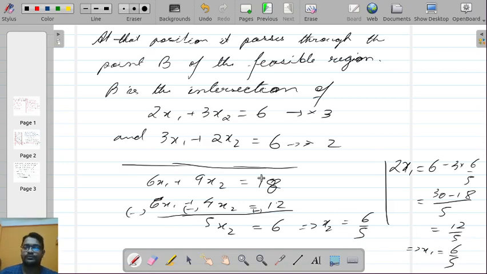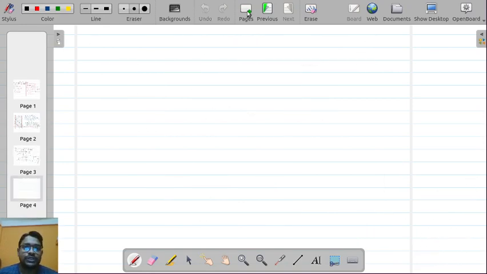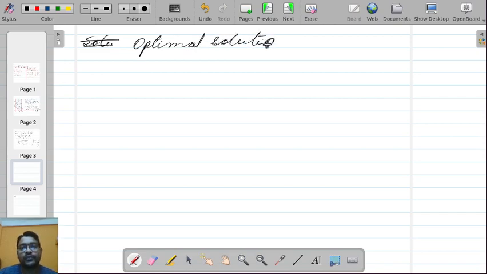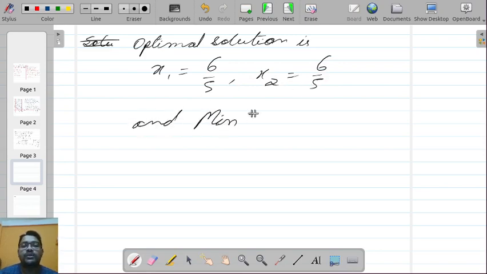So your optimal solution is x1 equal to 6 by 5, x2 equal to 6 by 5.